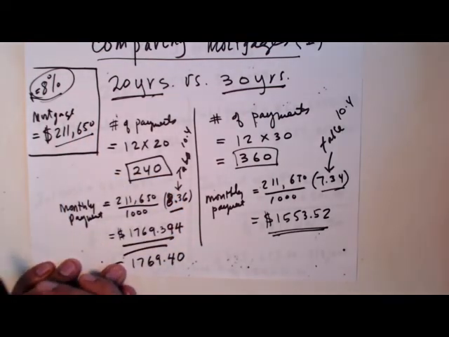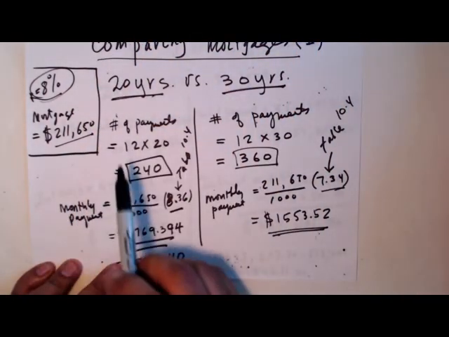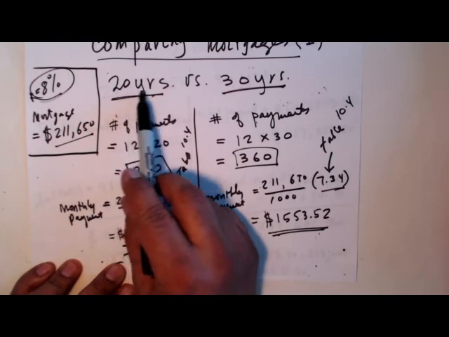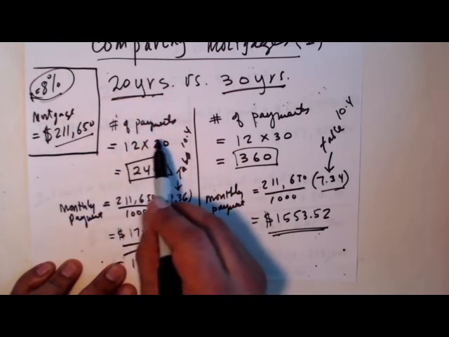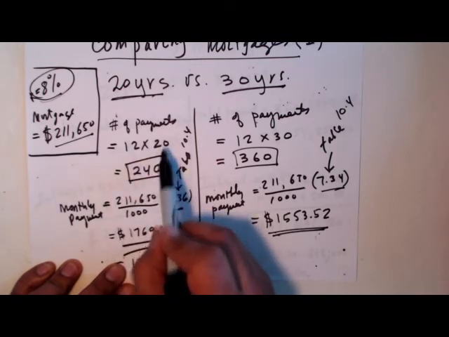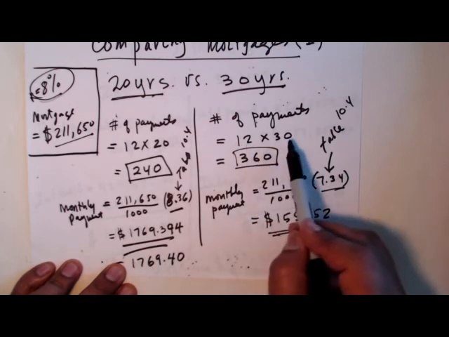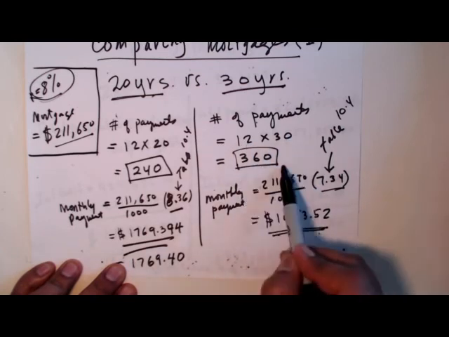In the 20 years, we have 240 payments, 12 times 20 years. When you do the 30 years, you have 12 times 30, you have 360 payments.